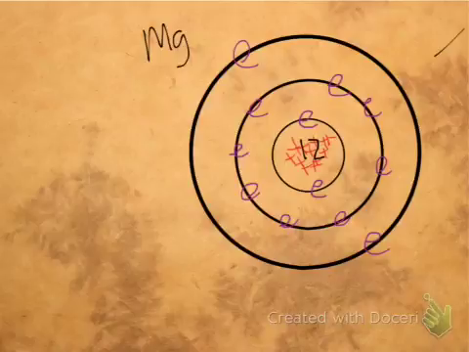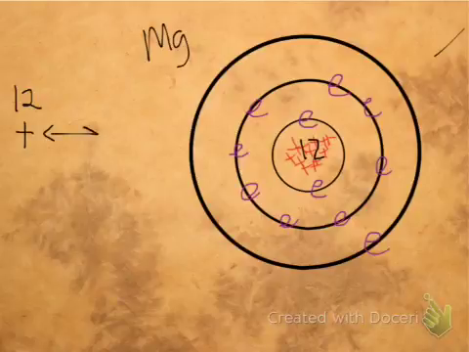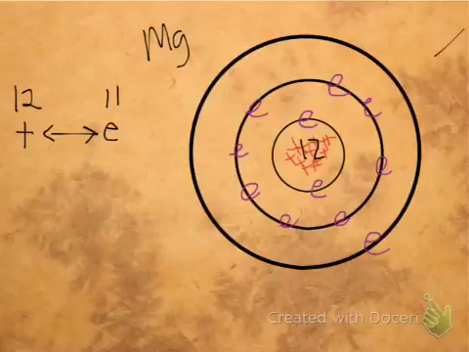So we can get rid of this electron. And now we have 11 electrons. So we now have 12 positive charges exerting an attractive force. Initially it's all fair in love and war, right?